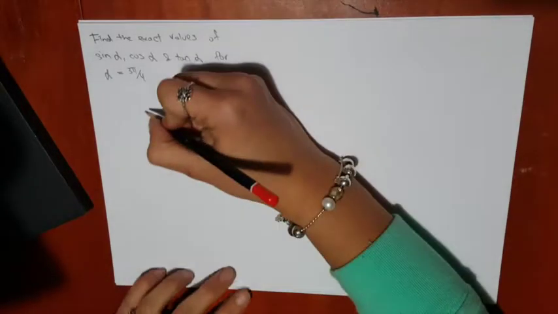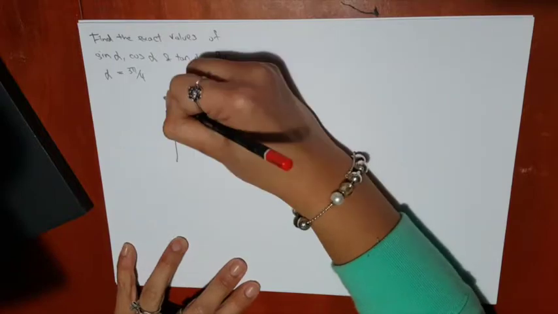In this question, we need to find the value of sine alpha, cos alpha, and tangent alpha. Don't get confused. It's not as complicated as you think. So let's say I draw the Cartesian plane.